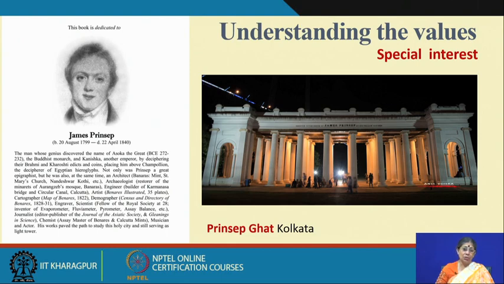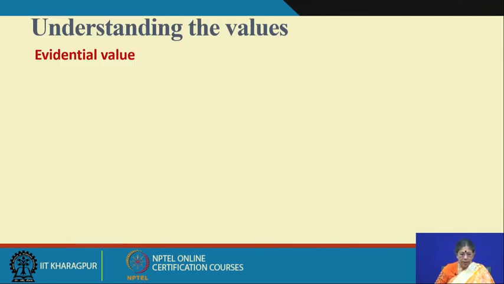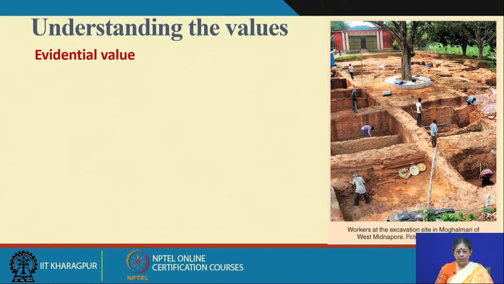After he passed away, it was not the British but the local people who wanted to commemorate him, and they donated the money, and on a piece of land this ghat was constructed, so it is a very special interest.